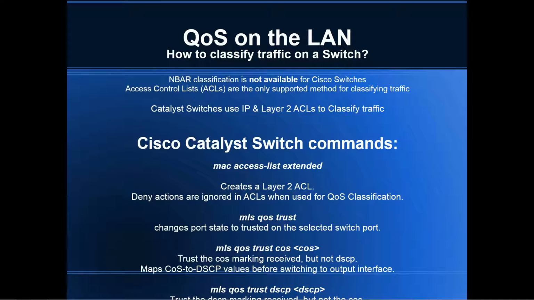And for a Cisco Catalyst switch, you would be doing a MAC access list extended. It has to be an extended ACL, and then you can do a deny action or ignore any ACLs that are used for the classification. For MLS QoS trust, it's all right there.